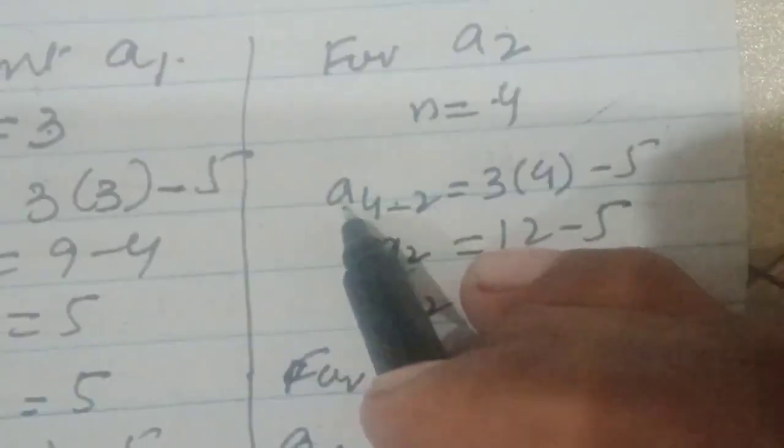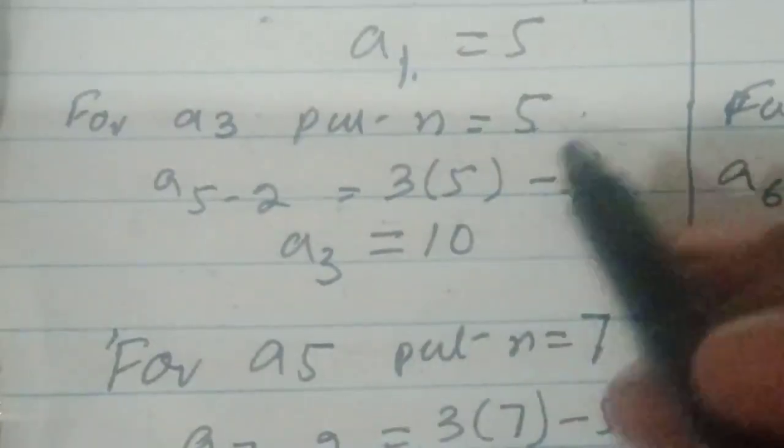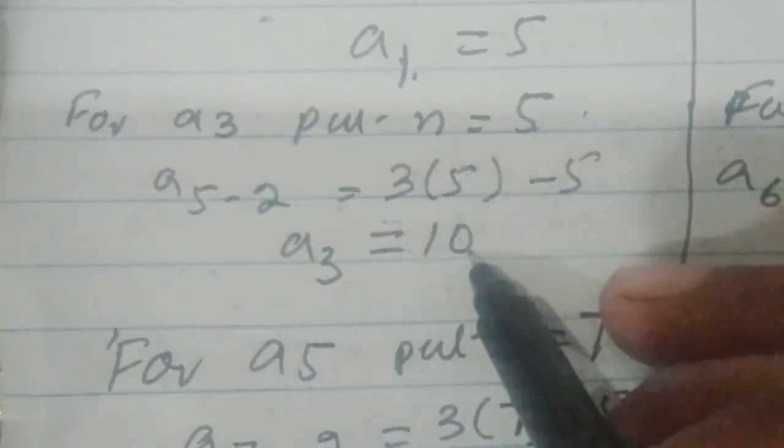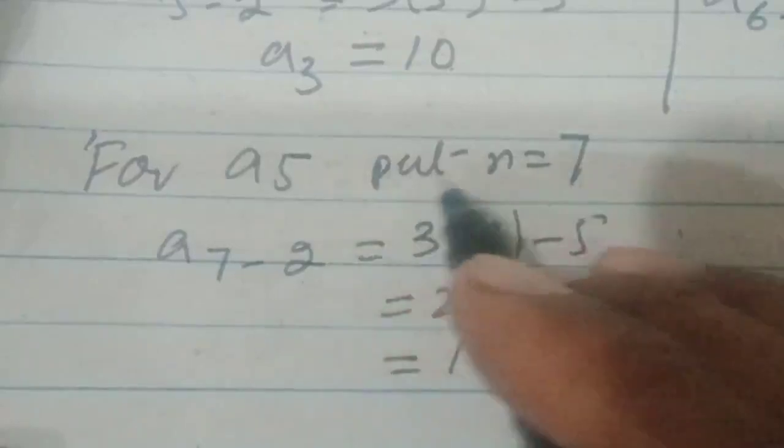So put n equal to 4, 3 multiplied by 4 minus 5, a2 is 12 minus 5, 7. Similarly a3, for a3 you need n equal to 5. 3 multiplied by 5 minus 5, your answer is 10. Similarly a4, you want the fourth term, your n should be 6. Now your n is increasing, that will give you 13, and last term a5, put n equal to 7, 21 minus 5, 16.